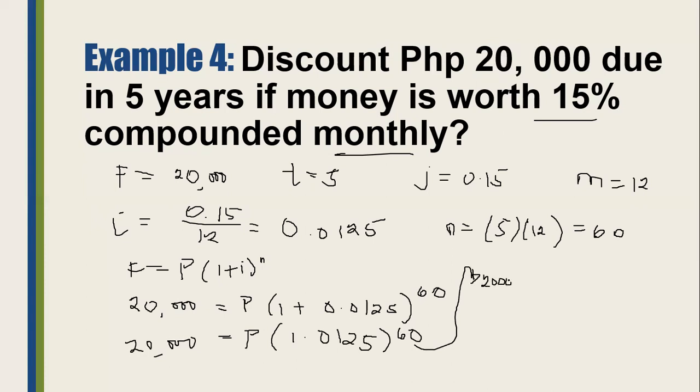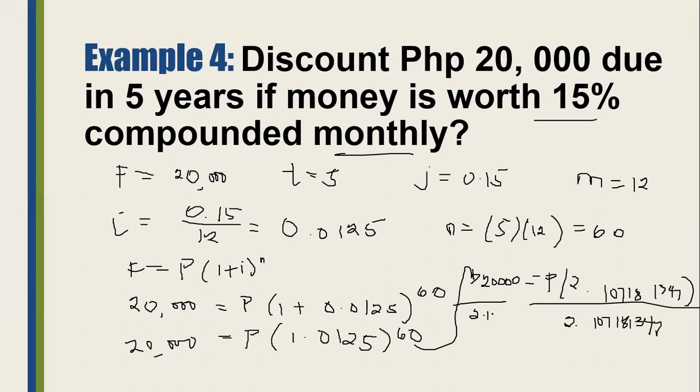So 20,000 equal to P times 1.0125 raised to 60. We have 2.107181347, and then divide by itself.